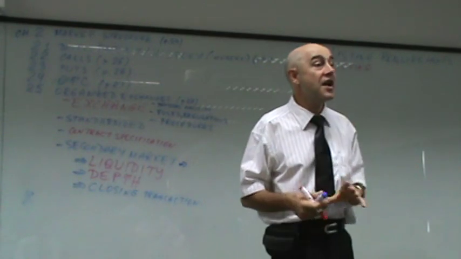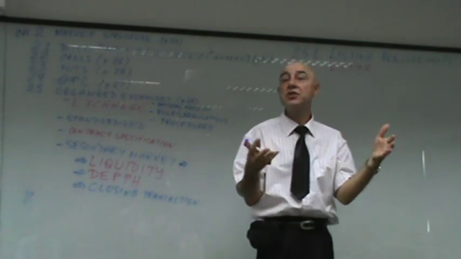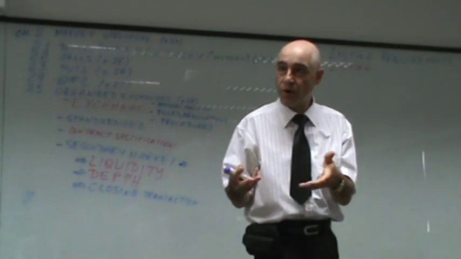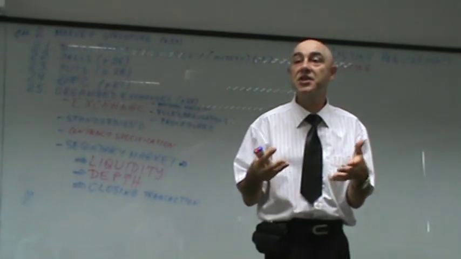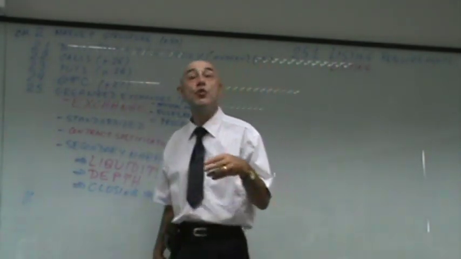These are requirements to list the product. So, you want to, let's say, list cotton, you need certain requirements. You want to list copper, you need certain requirements. So the organized exchange will specify the requirements to list. It will provide initial listing.